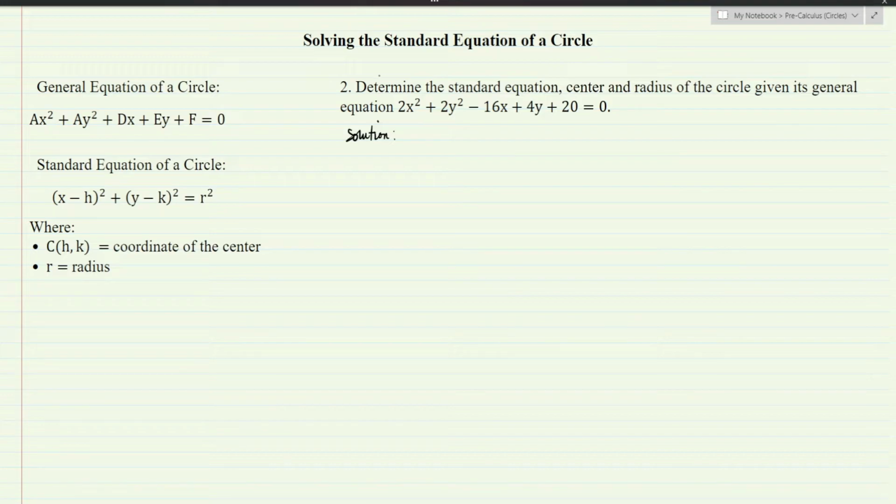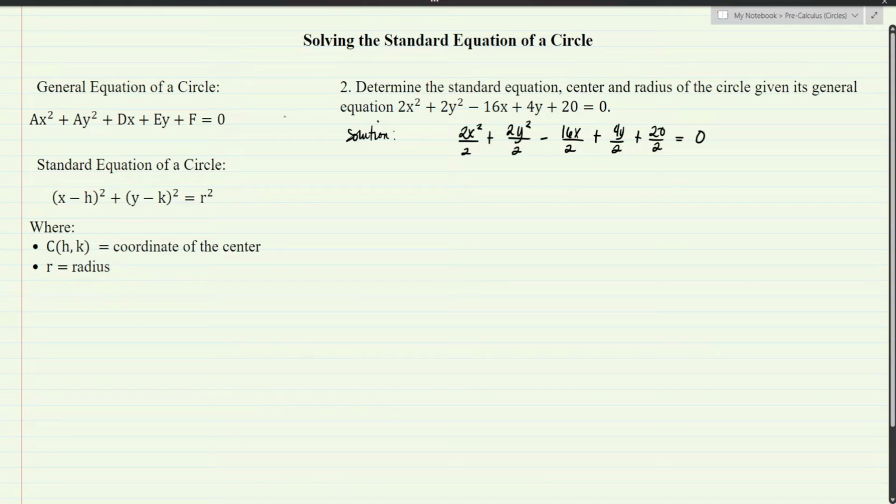So our general equation here would be 2x squared divided by 2 plus 2y squared divided by 2 minus 16x divided by 2 plus 4y divided by 2 plus 20 divided by 2 equals 0.